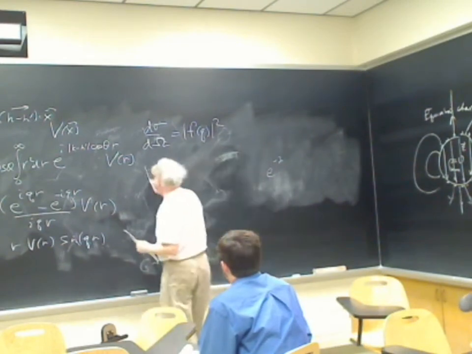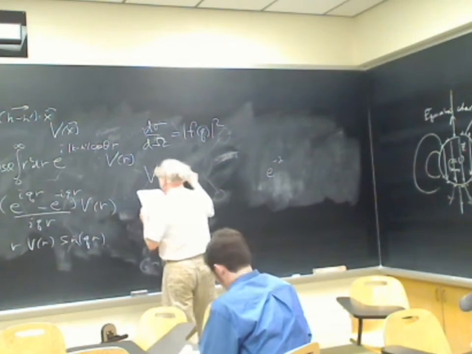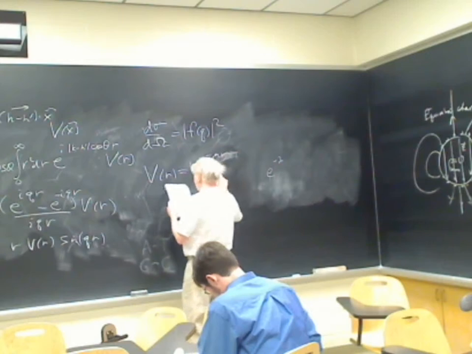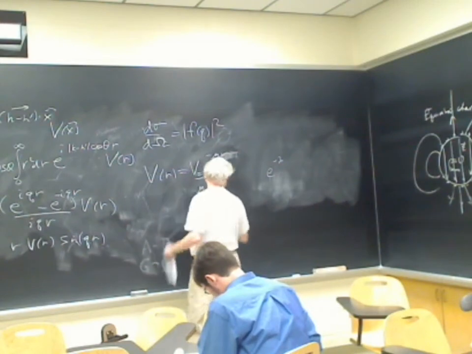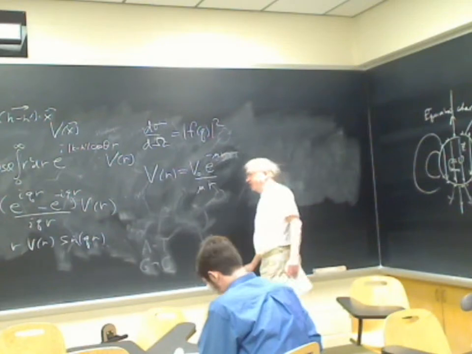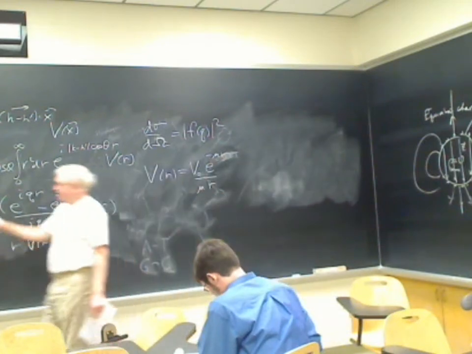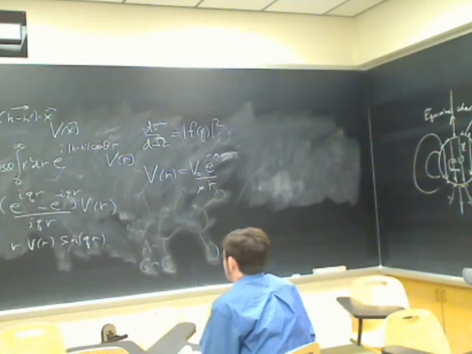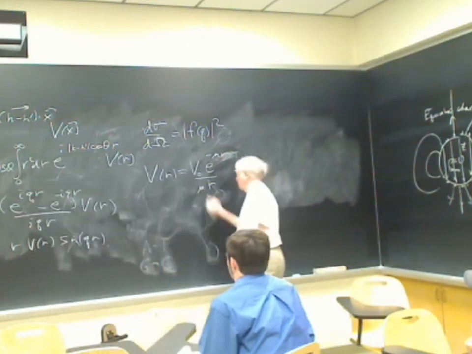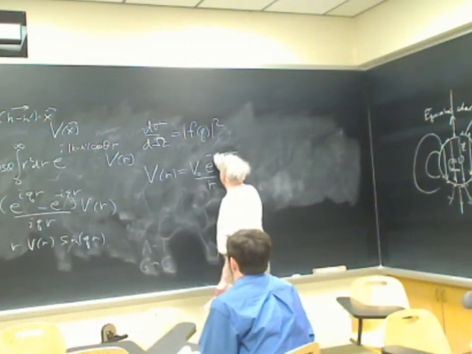We can say, well, let V of r be equal to some V0 e to the minus mu r over mu r. Oh, nuts. You see now, I wanted to preserve mu as the reduced mass, and now I introduce mu as this parameter here. So that's not going to work.